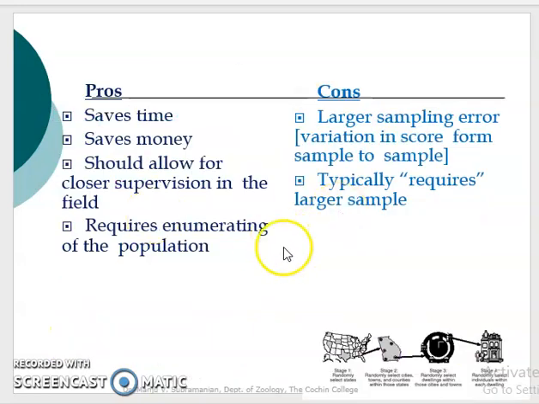So there are the benefits, and we can call them the merits and the demerits of this cluster sampling. The pros are the merits, and the cons are the negatives.